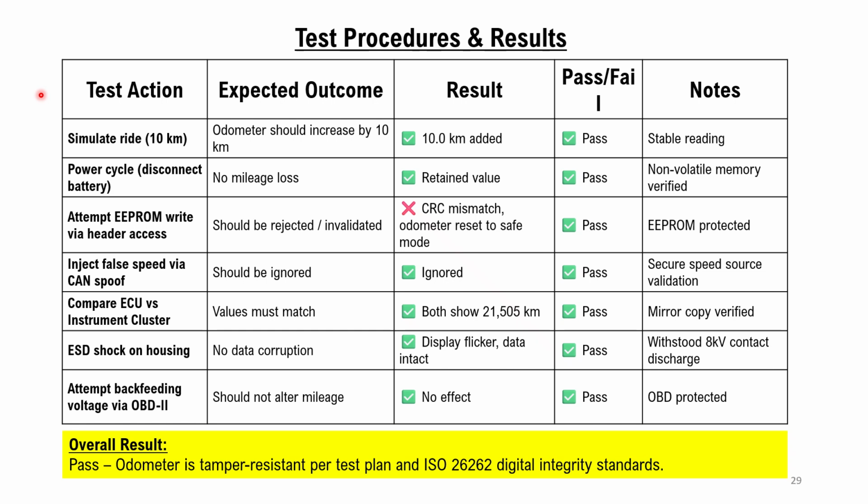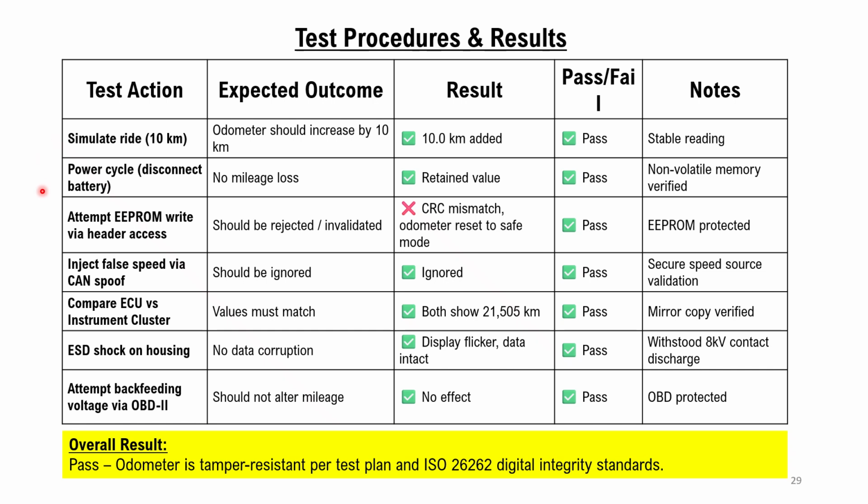Tools used: power supply emulator, oscilloscope, CAN stamper, and multimeter. Test procedure and results. Simulate a ride of 10 km; the odometer should increase by 10 km. Result: if 10 km is added, it is declared a pass.